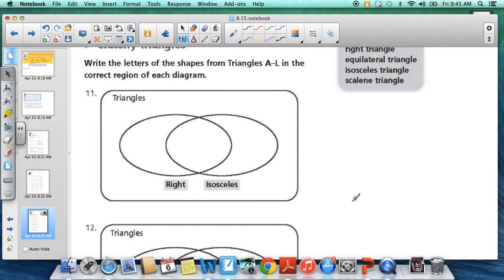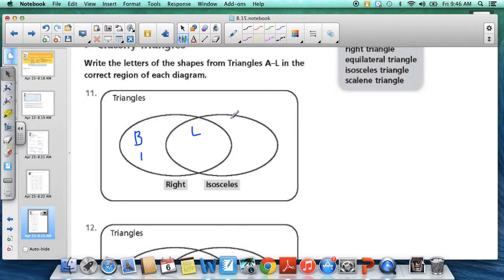An isosceles triangle has two congruent sides. So if I had a picture of the shapes, we would say that B would go on this side, I would go on this side, the triangle L has both of these attributes.